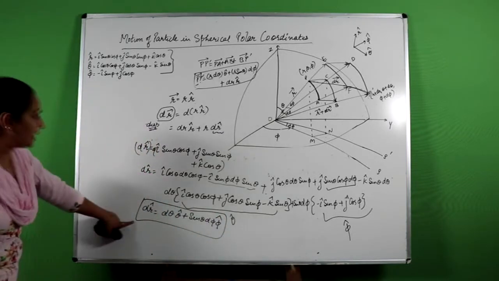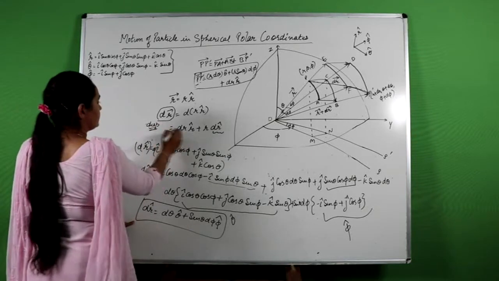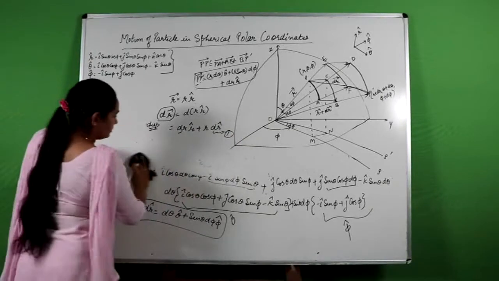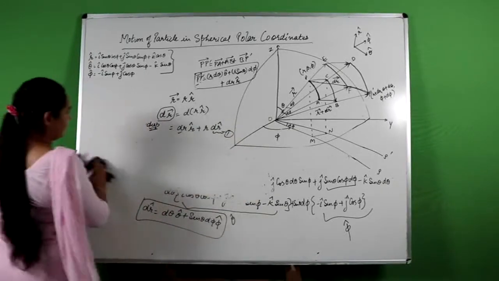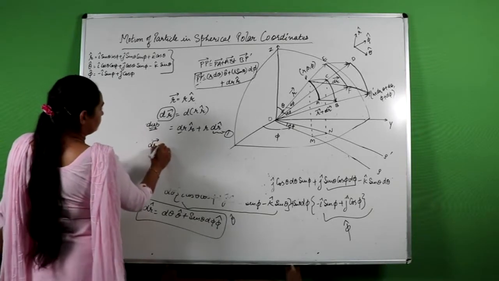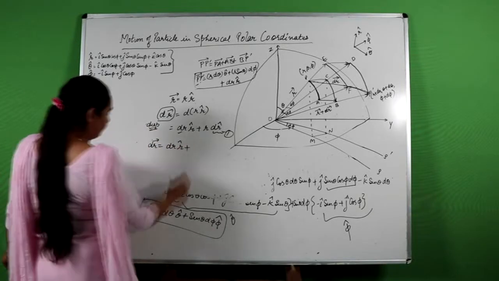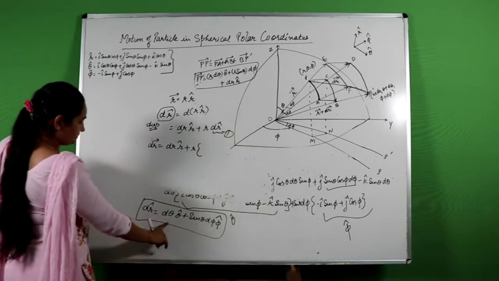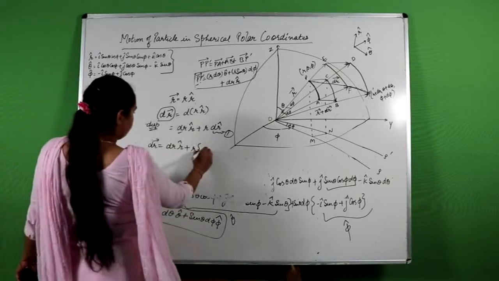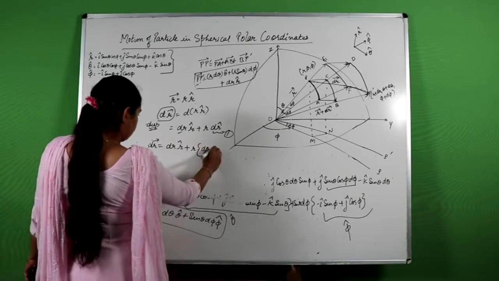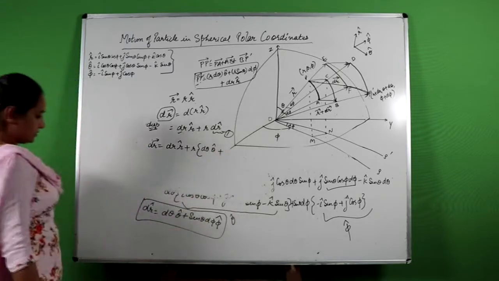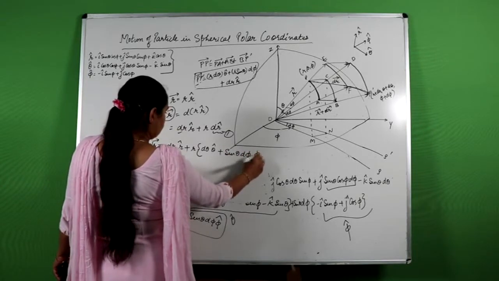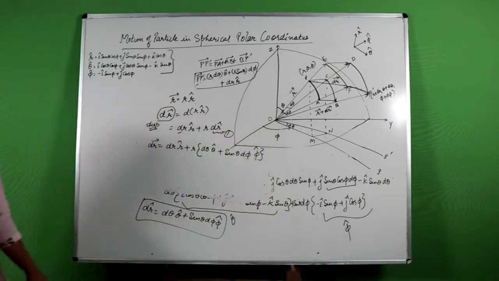Now I put this value in this equation. This is my displacement equation. Let it be 1. So when I put the value, I will get displacement equal to dr into r cap plus r into, that is d theta theta cap plus sin theta d phi phi cap.